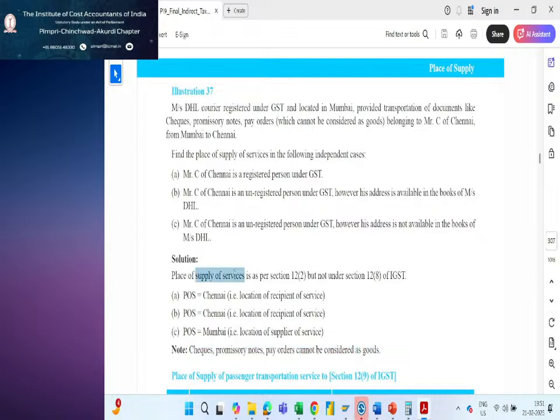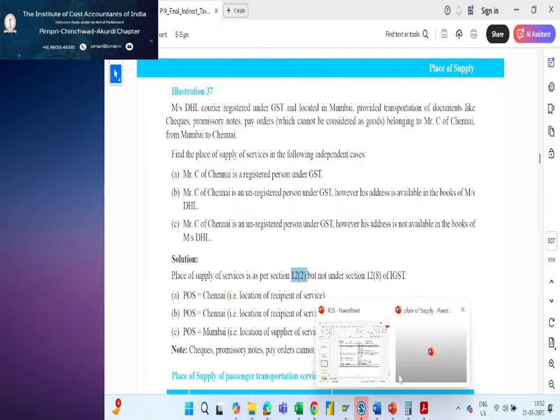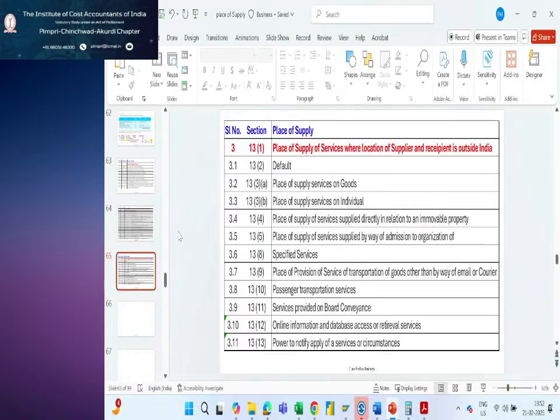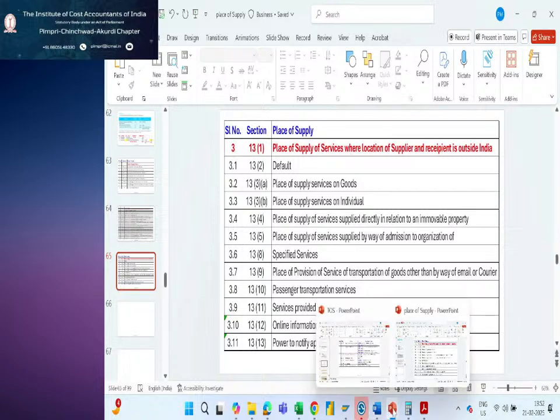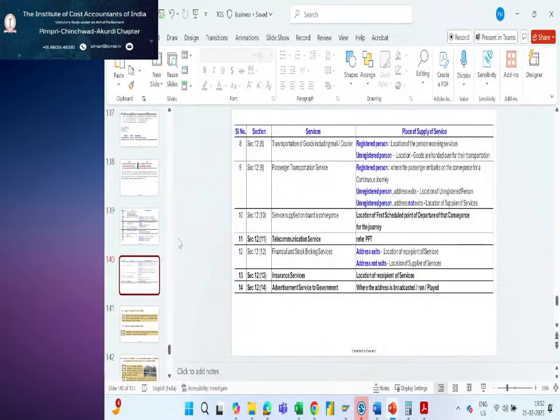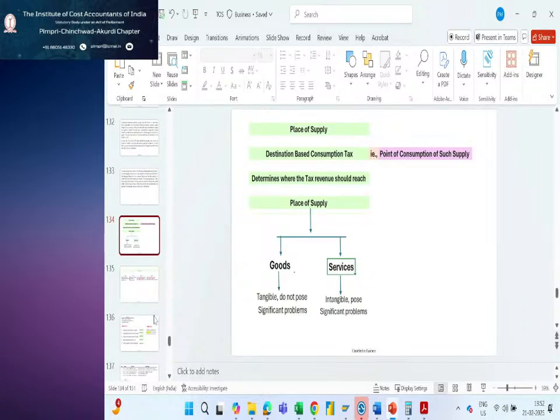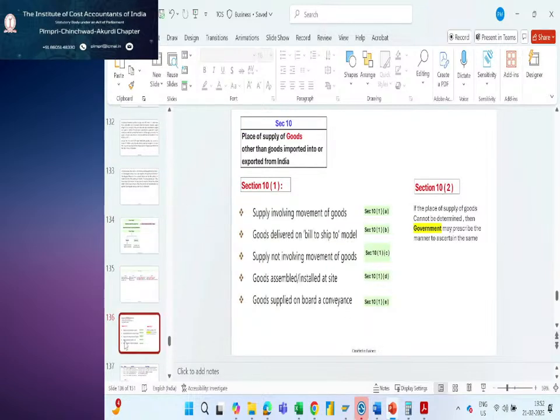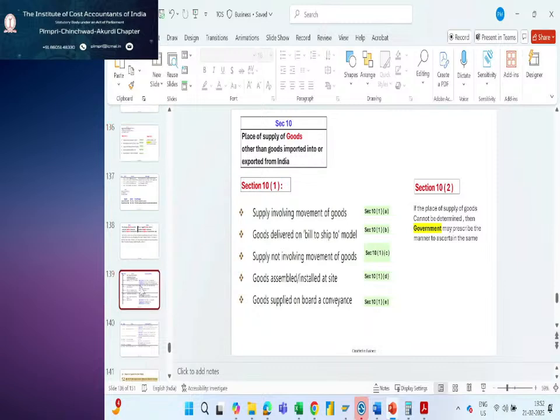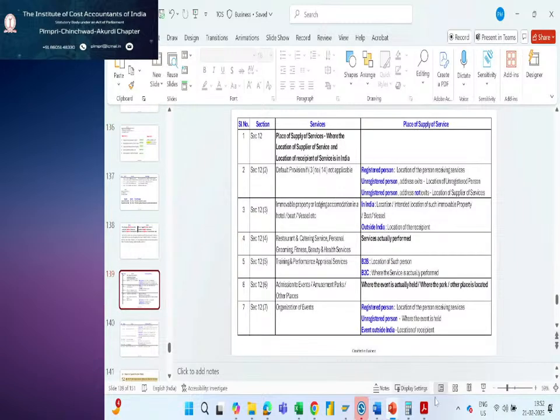So the place of supply of services is as per section 12 subsection 2. We have already seen what subsection 2 of section 12 is, which talks about the default provision.